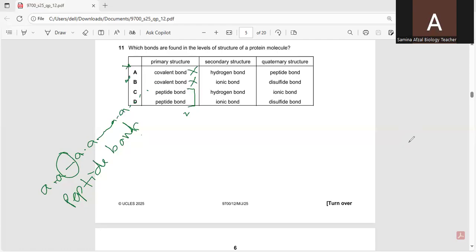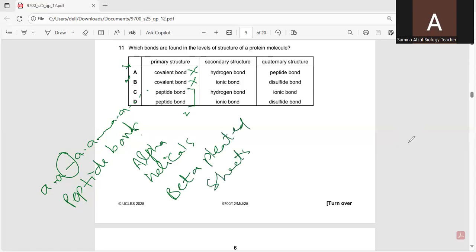Secondary structure consists of two types of structures, the alpha helical and beta pleated sheets. So they are folding in this way: alpha helical and secondly the beta pleated sheets in this way.